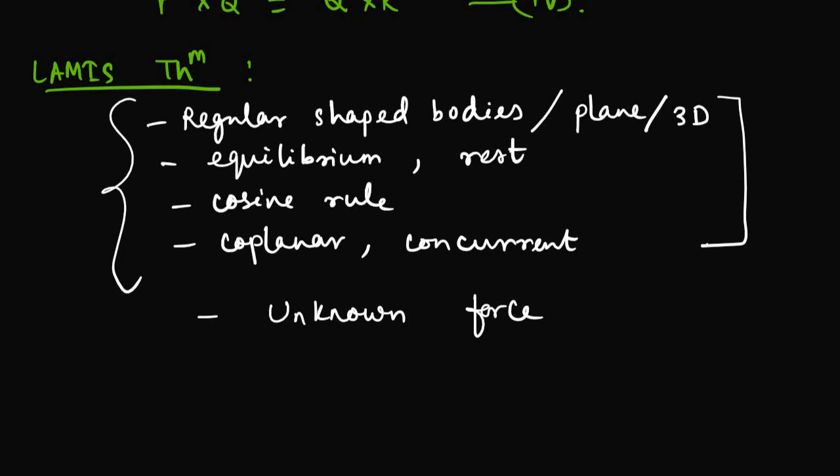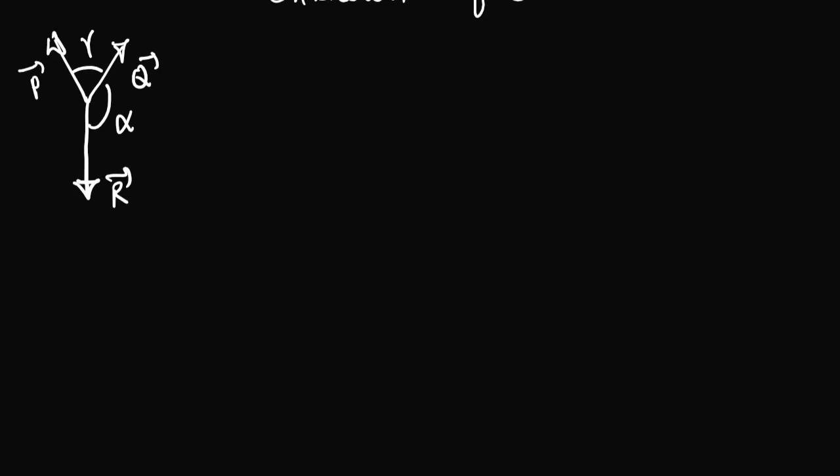Now we will do that like this. Suppose there are vectors like this: this is P, this is Q, and this is R. The angles between them are alpha, gamma and beta.